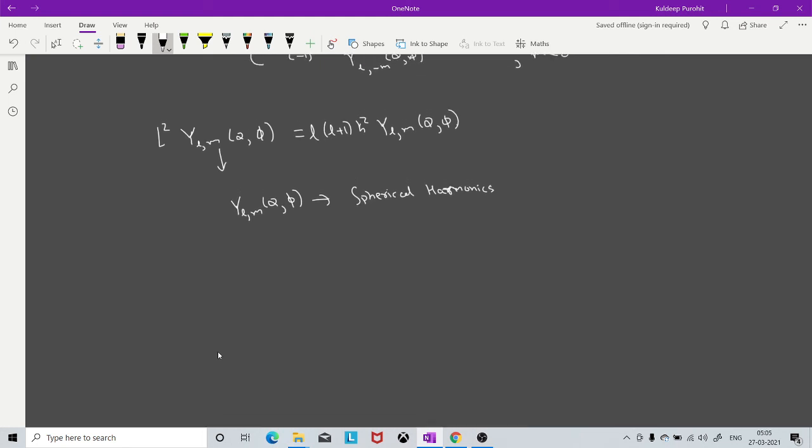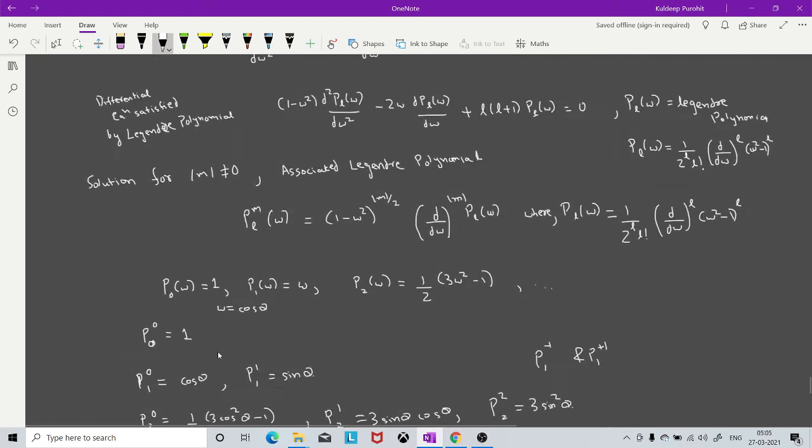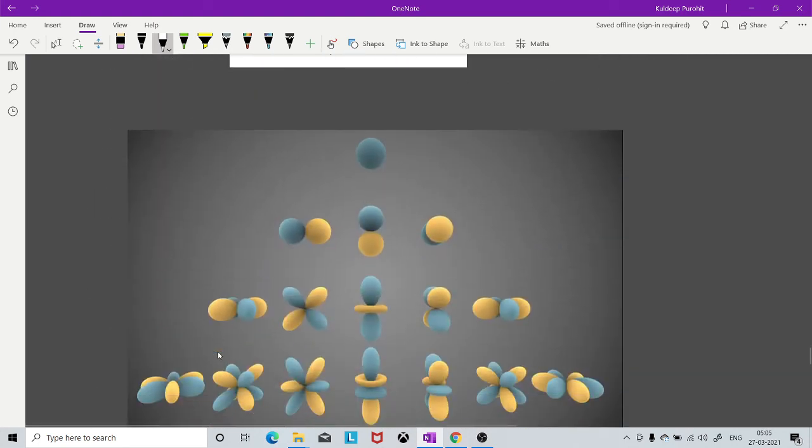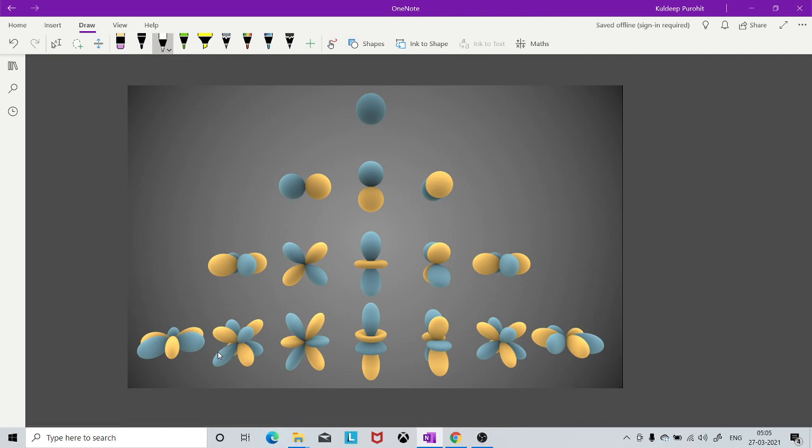In 3D, it looks like this. This is when you plot the spherical harmonic for L equal to 0. So there is only one possible orientation, m equal to 0. This is plotted for L equal to 1.